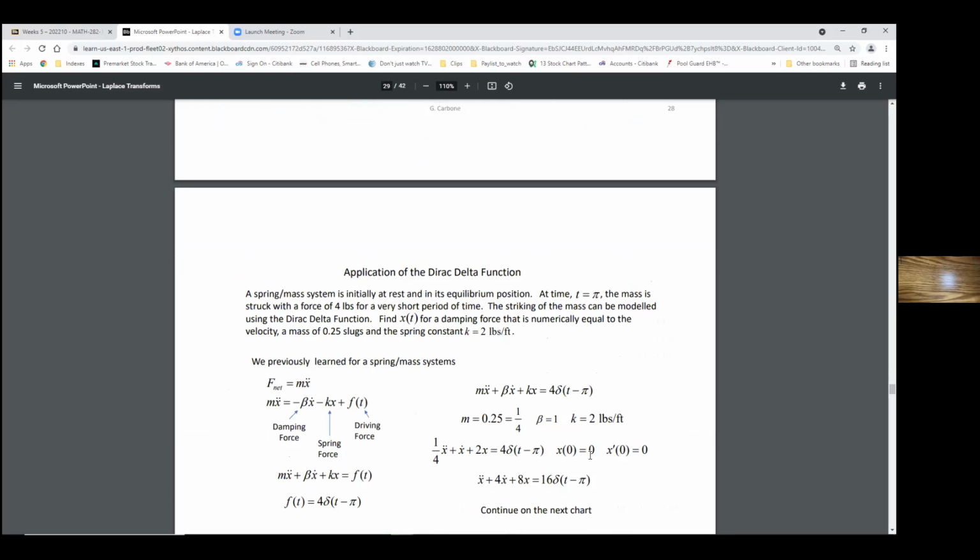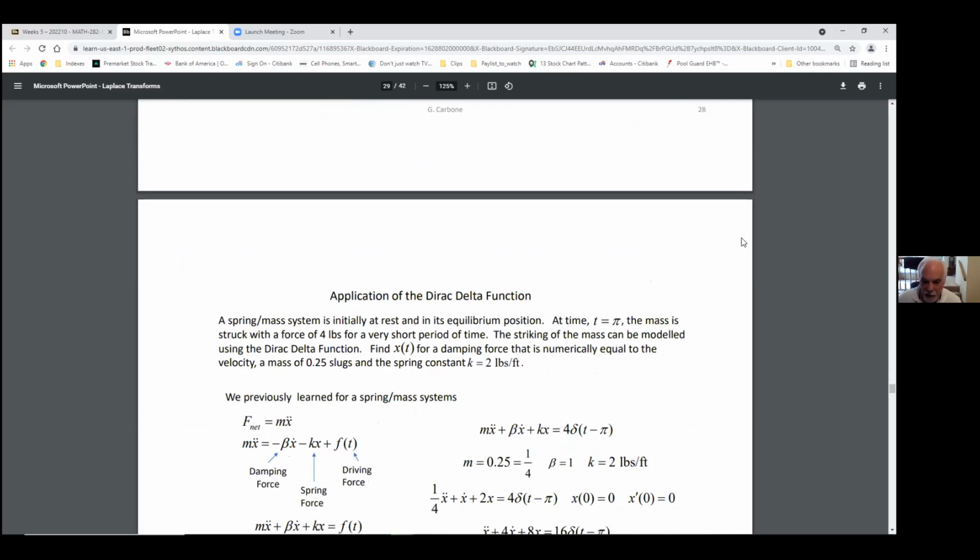I'm going to write it out on paper, but first, let's just take a look at the problem. We have a spring mass system, and we're told that at time t equals pi, the mass is struck by a force of 4 pounds for a very short period of time. The striking of the mass can be modeled using the Dirac delta function.